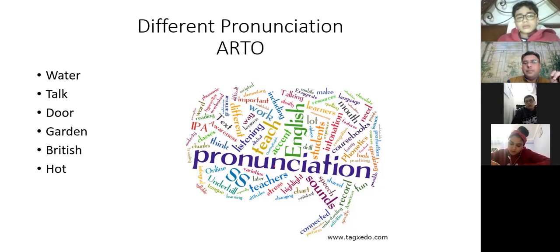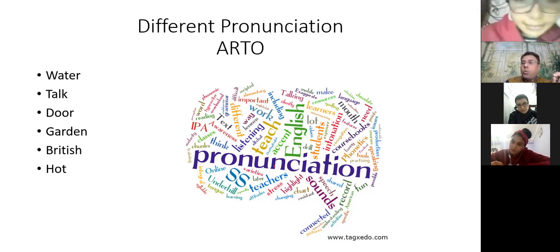The third one: in British, door; in American, door, with R. The same here, take care of R. In British, garden, without R. In American, garden, with R. And this one, British: T is near to the D in American, but in British it's the clear T.